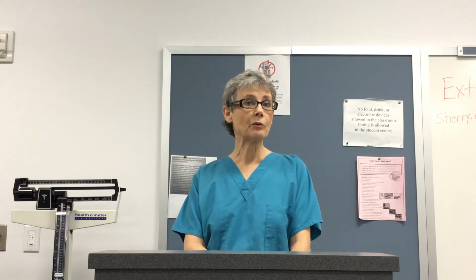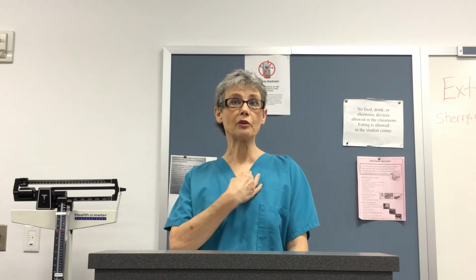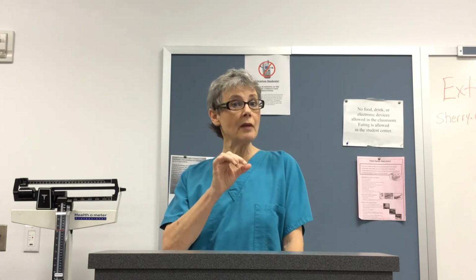Now, if the patient has a central line that's already in, like in the subclavian or in the jugular vein, they may be able to aspirate that air from the right atrium, because that's what you're hoping to do. When you put that patient in that position, that air will travel up to that right atrium, and then make it a little easier for the doctor to get it from that area.